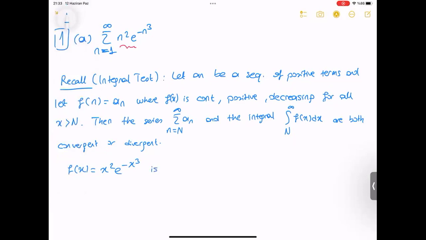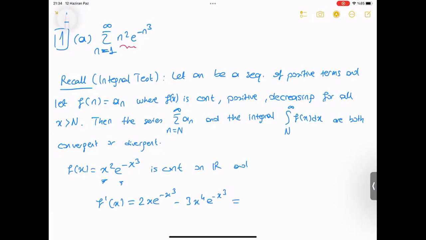This is continuous on the real numbers because we have a polynomial and e to the something, so they are both continuous. And remark that f prime of x is equal to 2x e to the minus x cubed minus 3x to the 4 e to the minus x cubed.